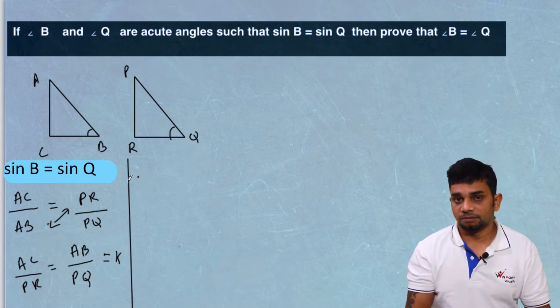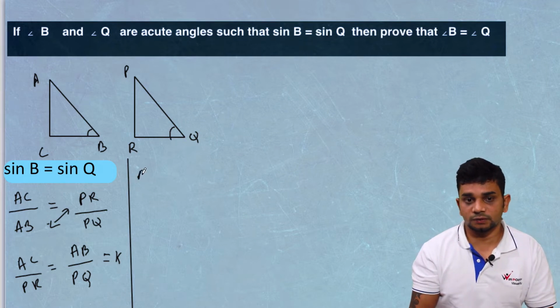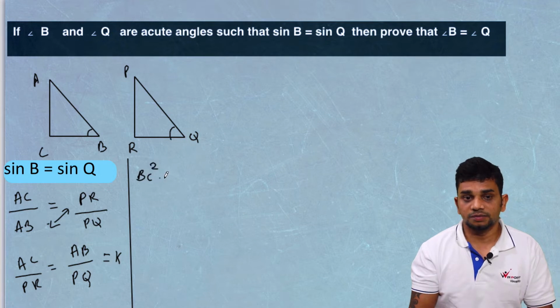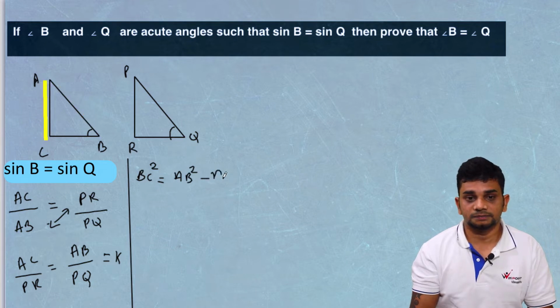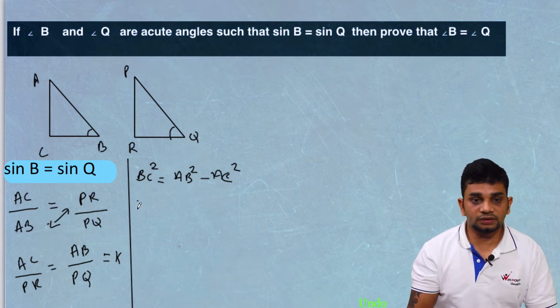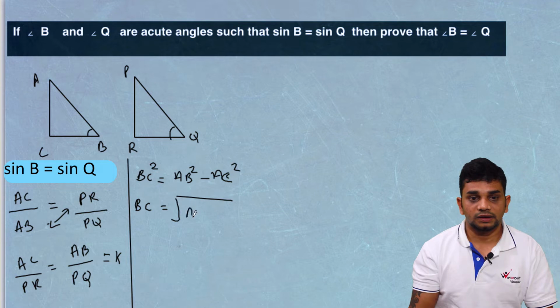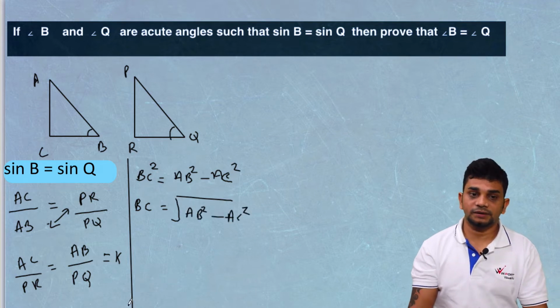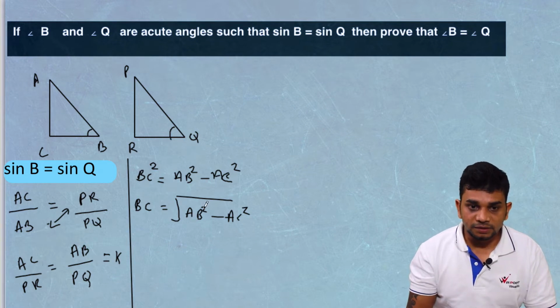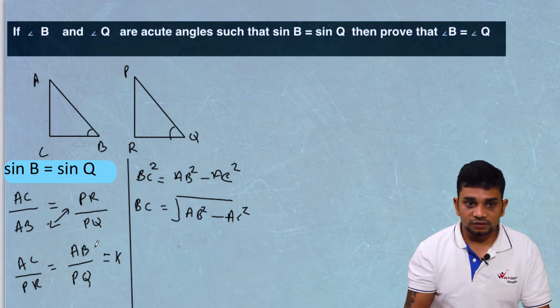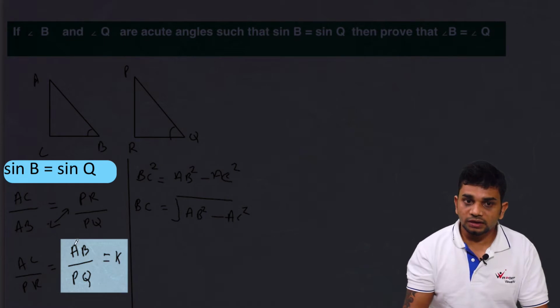If we apply the Pythagoras principle, what will be the equation for BC? BC square will be equal to AB square minus AC square, right? So BC will be equal to root of AB square minus AC square. From this relation, can you make an equation for AB?